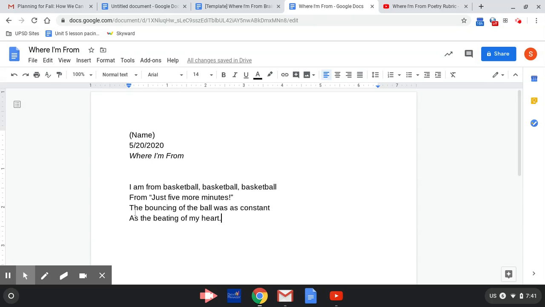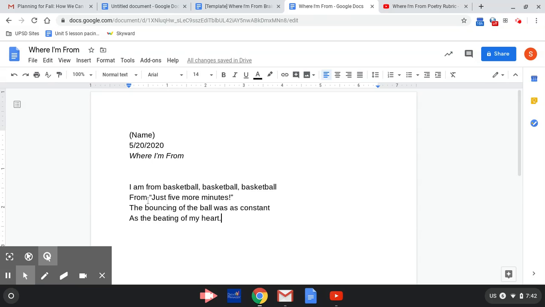So I'm at a simile, right? A comparison between the bouncing of the ball to the beating of my heart. And as you saw from the rubric with Ms. Horwidge, you need to have at least 3 similes or metaphors, I think it is. So I'm using a simile here to describe the act of me playing basketball.